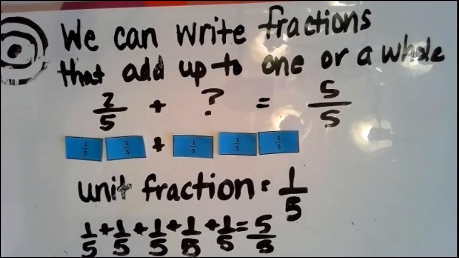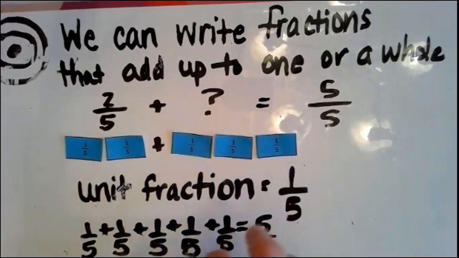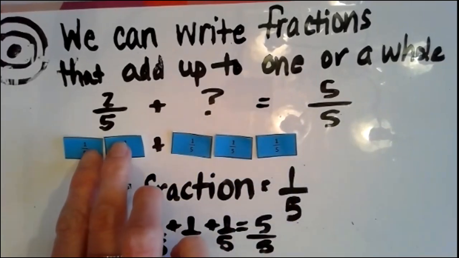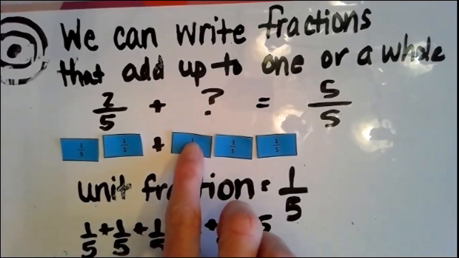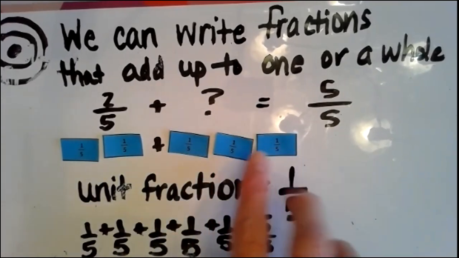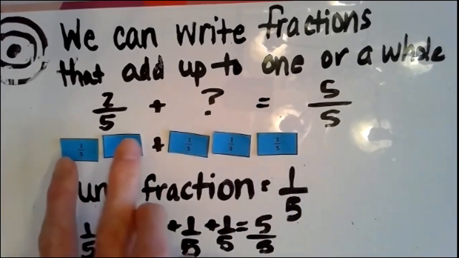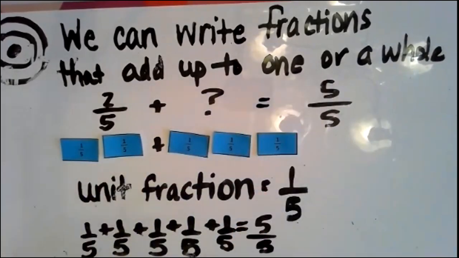If I can't do it using mental math, I bet these individual unit fraction parts will help. 2/5 plus 1/5, 2/5, 3/5. When I put these 3/5 together with these 2/5, it will give me 5/5.